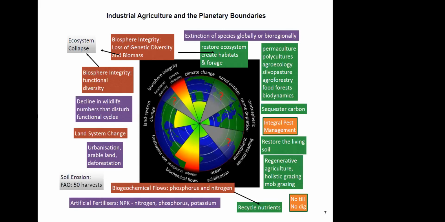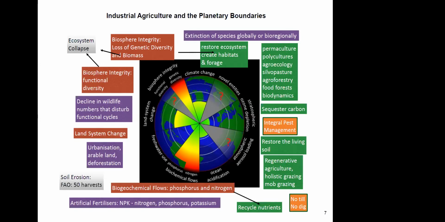So right in the top left-hand corner, we have biosphere integrity. And there are two parts to this. There's the loss of genetic diversity and there's the loss of biomass. Now, the loss of genetic diversity, which is already up there in the red zone, pertains to the extinction of species globally, so when they're gone, or bioregionally.